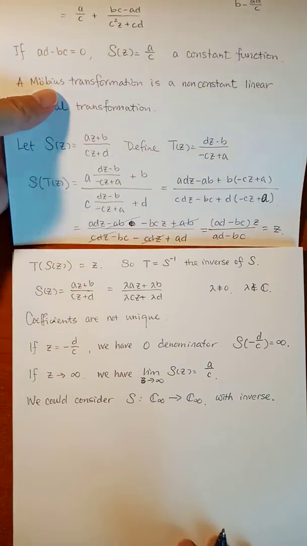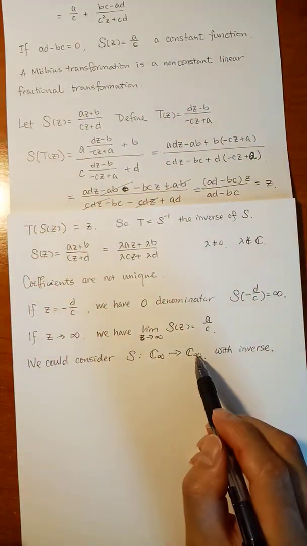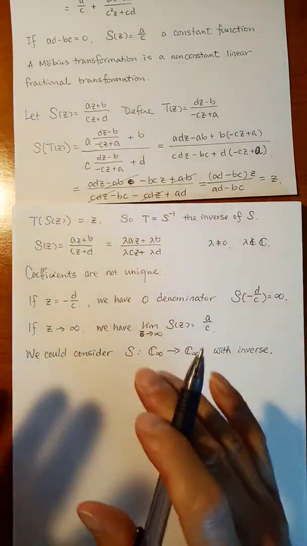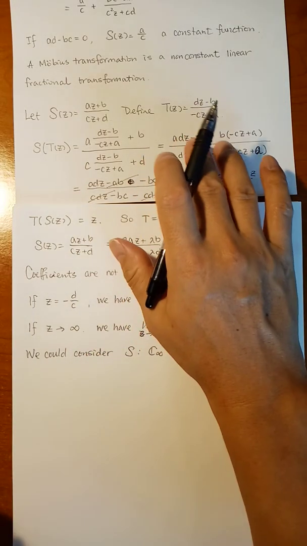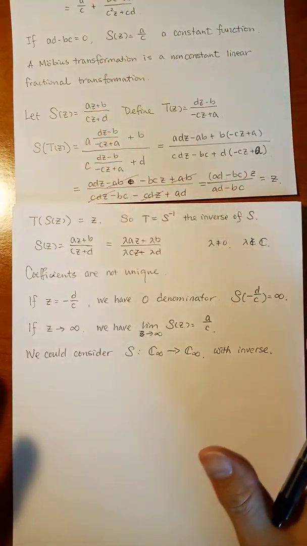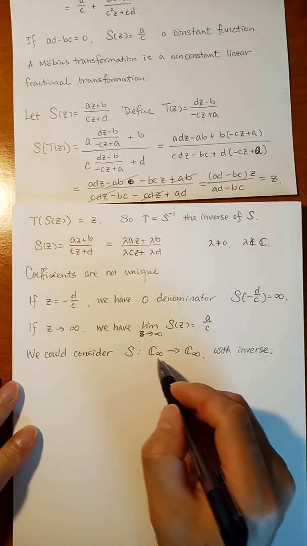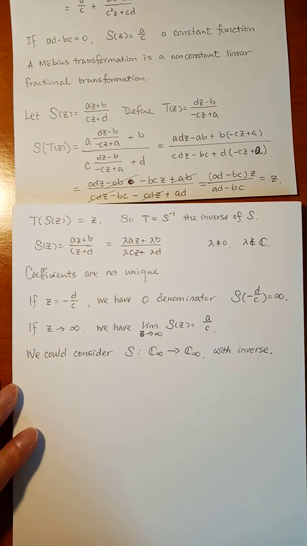If we do not consider it as a C infinity to C infinity map, then S is not defined over all of C. S is defined without negative d over C, so the domain is not the whole complex plane. You have to exclude this point. But now you can say it's defined over C infinity.